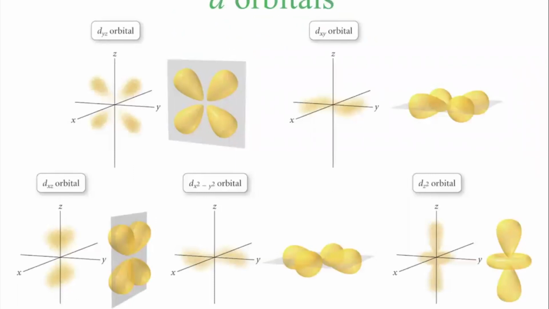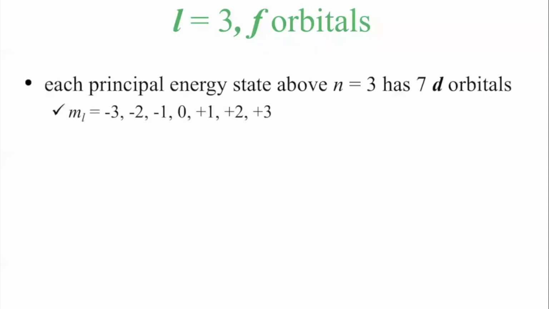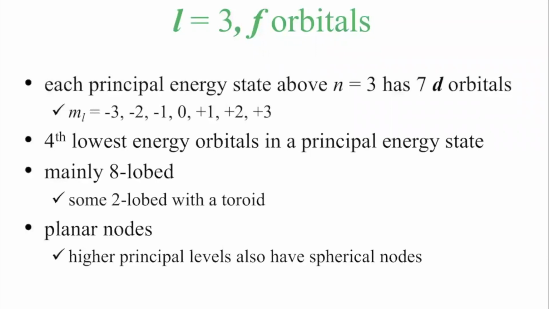Then we go with the more crazy one, which is the F orbital. We're not going to touch it, but what I do need you to know is that it has 7 orientations, because it goes from -3 to 3. And this is how it looks. You don't need to worry about how it looks.